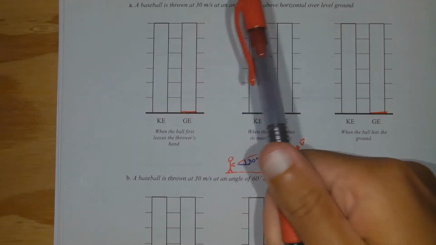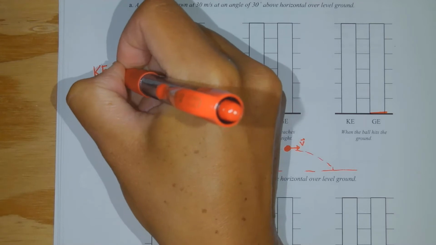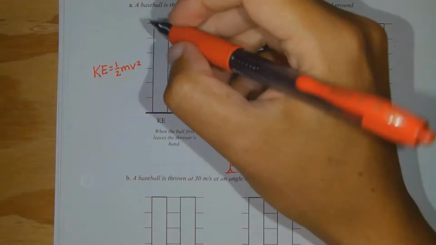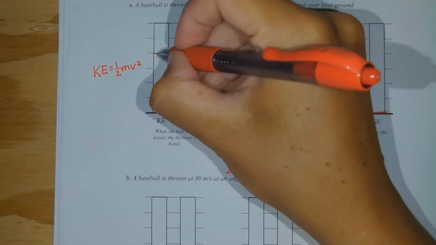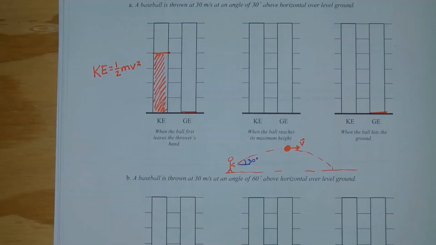I'm given the speed of the ball, and remember, kinetic energy is equal to 1/2 times the mass times the velocity squared. I'm not going to do any calculations, but I know that the kinetic energy is determined by the speed and the mass of the ball. And I'm just going to say initially I have 4 blocks of kinetic energy. You can choose whatever you want, but once you make that choice, you want to be consistent with the number of blocks that you have for each pair of bar graphs.